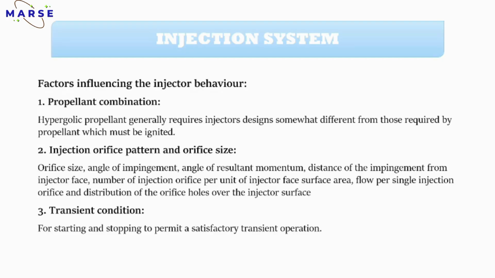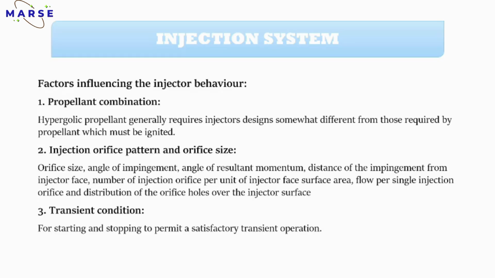For example, hypergolic wants another type of injector design because the propellants will suddenly react with each other, meaning the ignition process starts suddenly. In that condition the arrangement is different, so it is based on the propellant combination also.